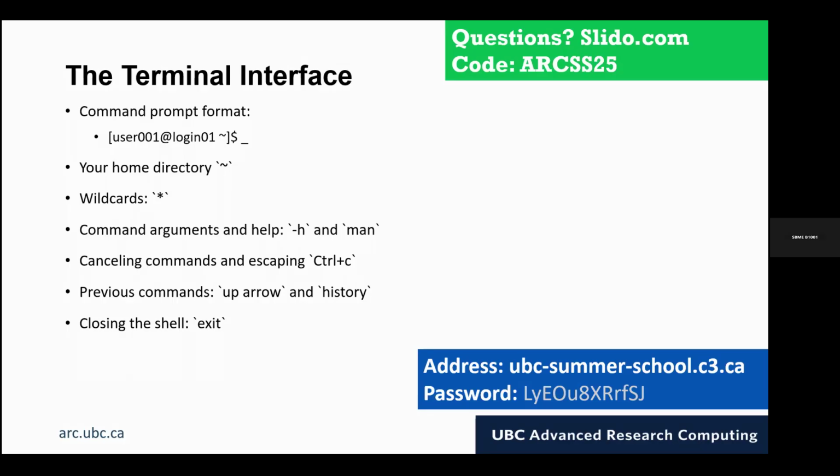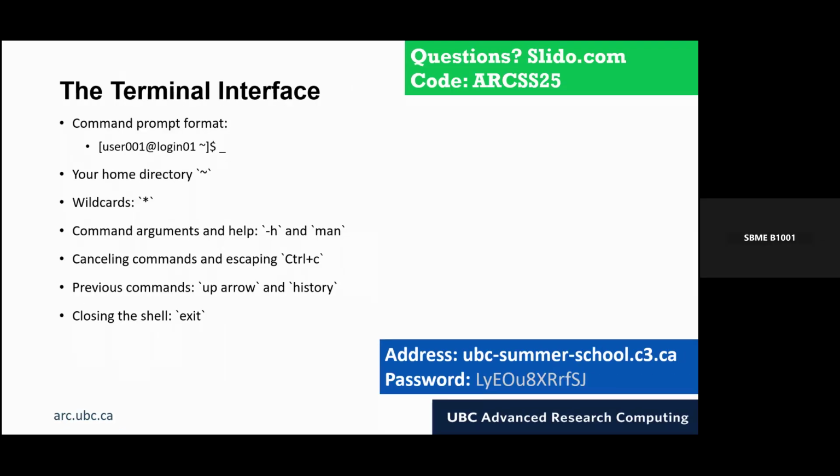A few other things we'll look at here are just the basic interface itself. If you've typed a command out and you want to go back and either look at the command or reuse it, there's a couple ways that we can do this. You can either use the up arrow on your keyboard, and that will tell bash to basically walk backwards through the commands that you've entered and bring those up in the window until you either get to the one that you want to use or change, or you reach the end of the history.